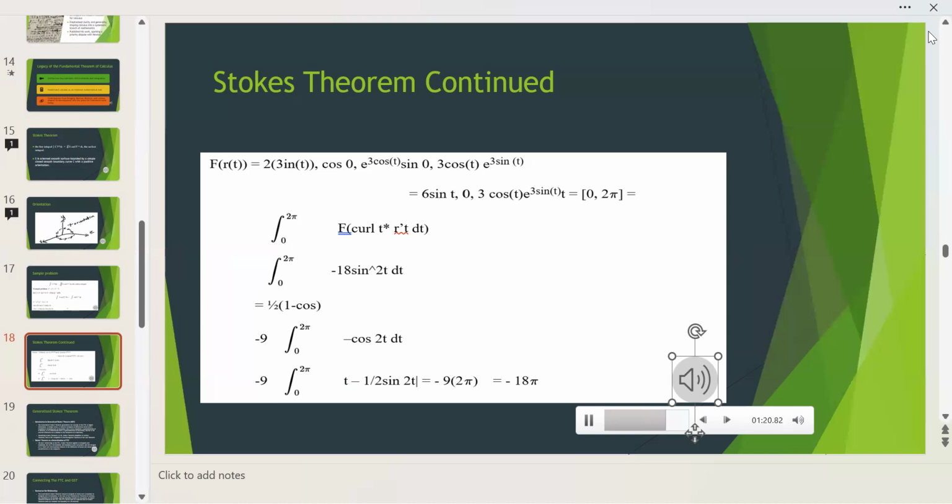So negative 9 times the integral from 0 to 2 pi of 1 minus cosine 2t dt. That results in the next line, which is negative 9 times t minus one half sin 2t from 0 to 2 pi, which is equivalent to negative 9 times 2 pi, which is equal to negative 18 pi.